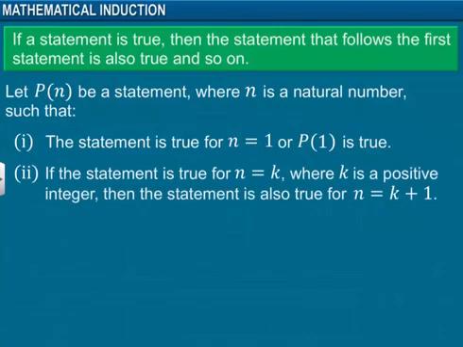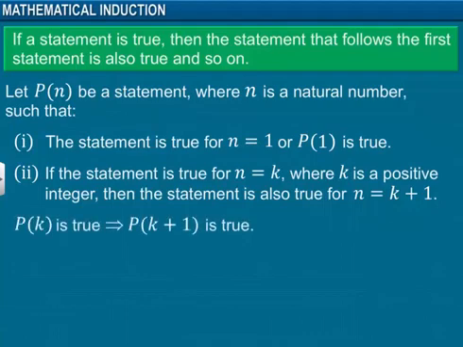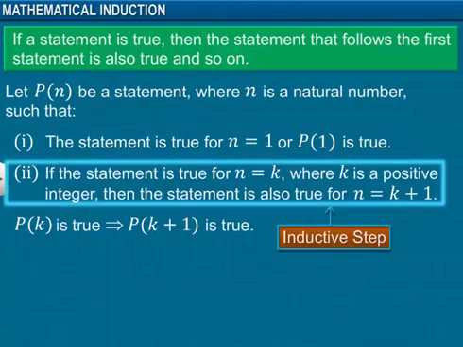If the statement is true for n equal to k, where k is a positive integer, then the statement is true for n equal to k plus 1. In other words, if P of k is true, then P of k plus 1 is also true. This is also referred to as the inductive step.